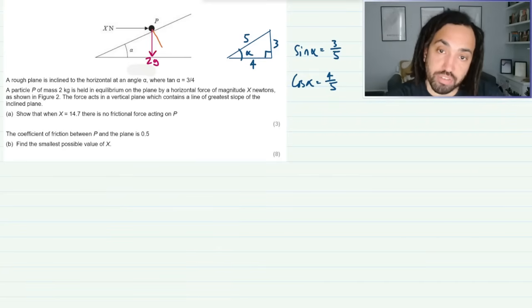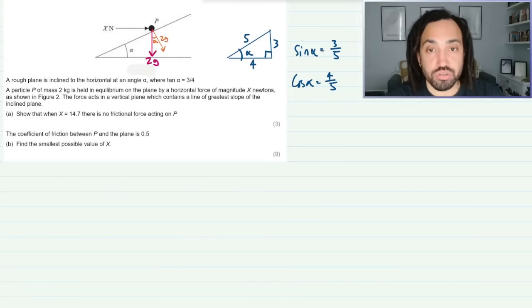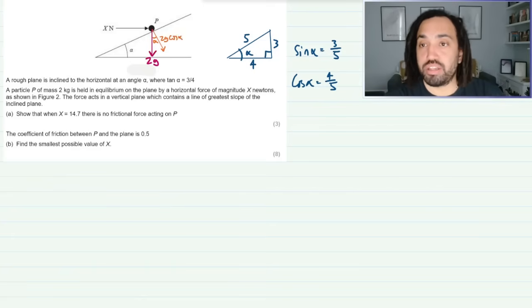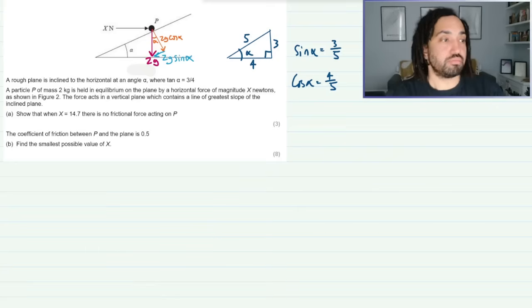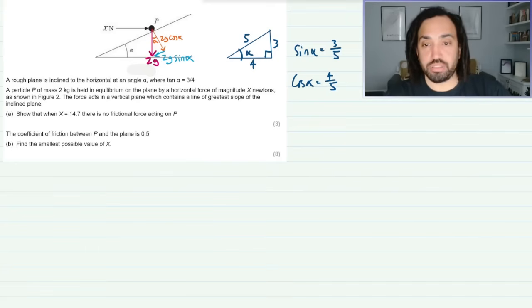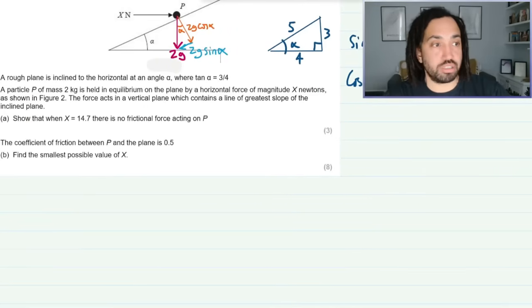So we're going to have this one coming down here. This is adjacent to that alpha angle. So that is 2g cos alpha. And then we're going to have this other one here coming along here, and that is opposite that angle. So that is 2g sine alpha. Okay, let me just zoom in on this.